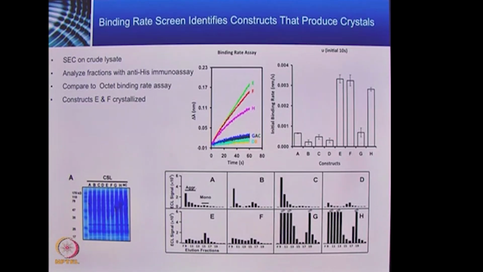It's very interesting to notice that the constructs with the highest initial binding rate actually correspond to the constructs with the highest soluble portion. So these 2 constructs were selected for further crystallization study, and the researchers then got the crystals of these 2 constructs.